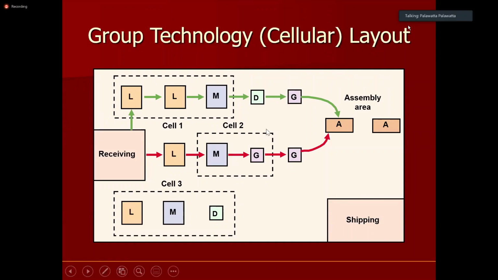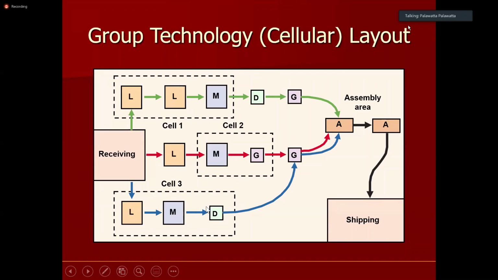So then we have increased the efficiency, but at the same time we are able to produce, let's say here we produce 3 items, okay. Let's say one marked in green. What is happening within the cell is more like a product layout. And cell 2 is also more like a product layout.